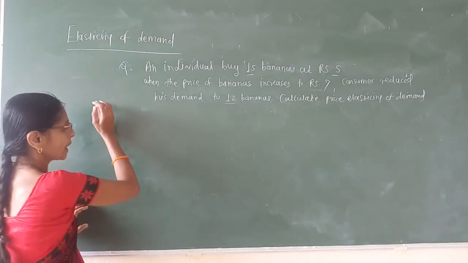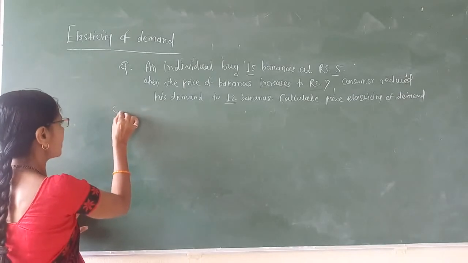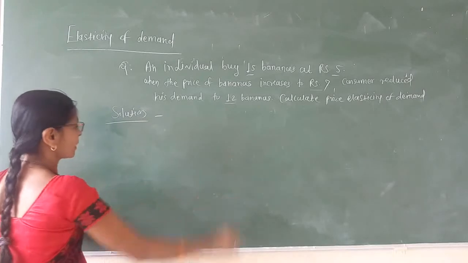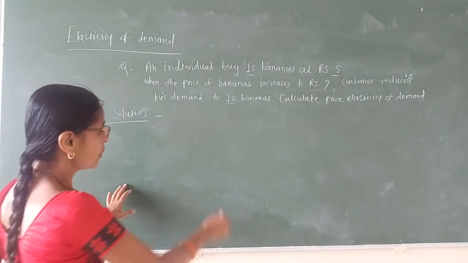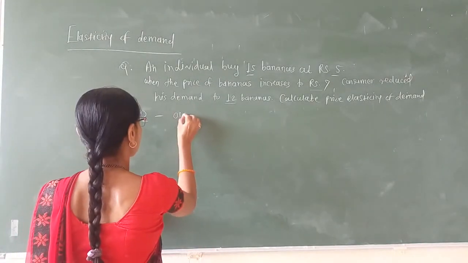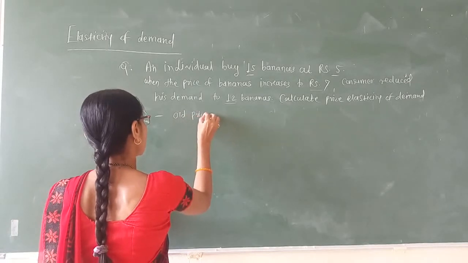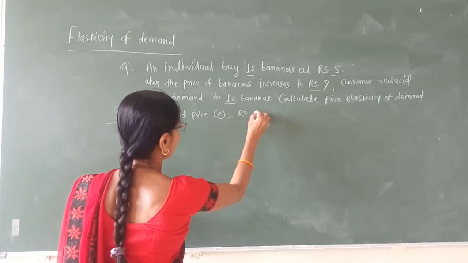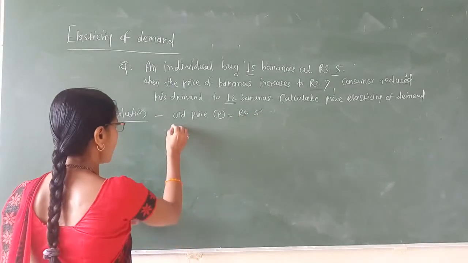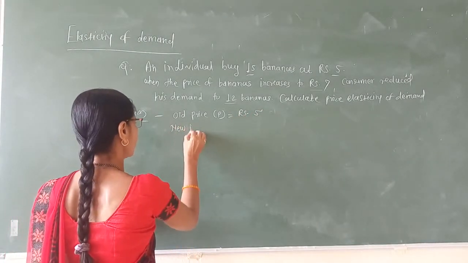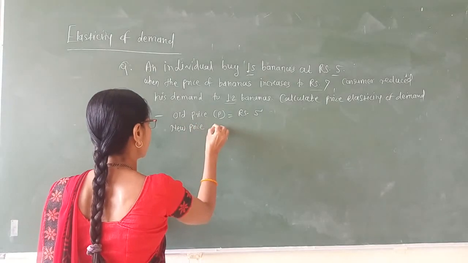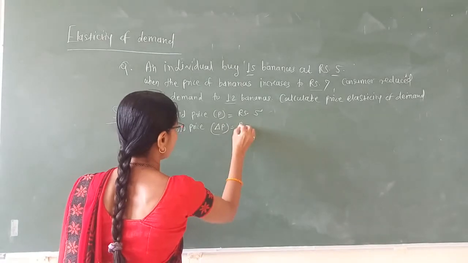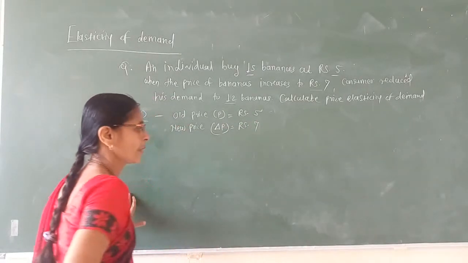If we wanted to calculate the price elasticity of demand, then here is the solution. Here the old price P is rupees 5 and the new price is rupees 7.